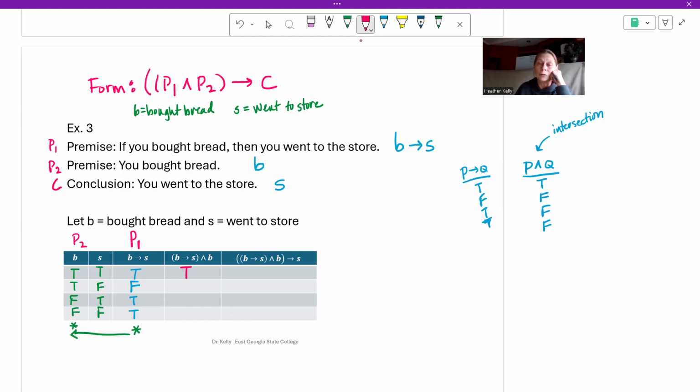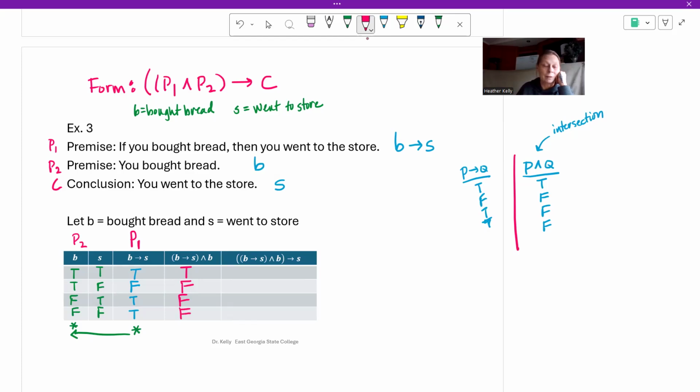False and true is true. Oh, sorry. My bad, y'all. Got distracted. Let me look at the right thing. False and true is false. True and false is false. True and false is false.